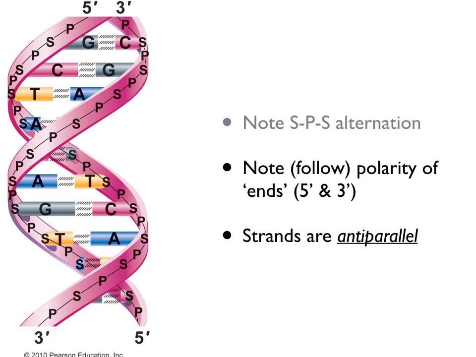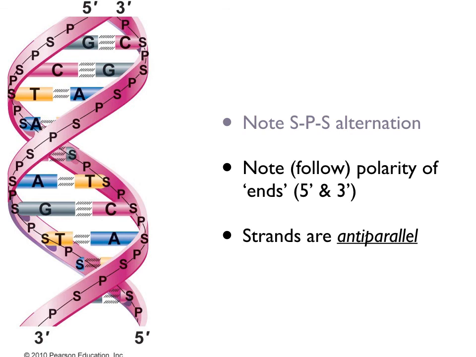And that brings me to the point where I call your attention to the very top and bottom of this illustration, where you can see each of these pink strands, the backbone of these pink strands, is labeled as being either 5' or 3'. And if you follow one of them, so let's look at the very top one that's labeled 5', follow that pink ribbon all the way down to the bottom, and you'll see that it ends in a 3'.